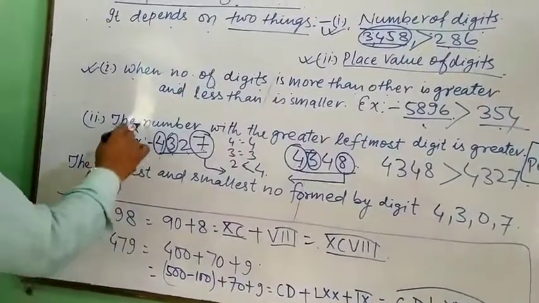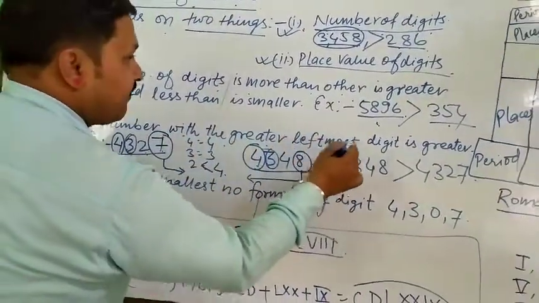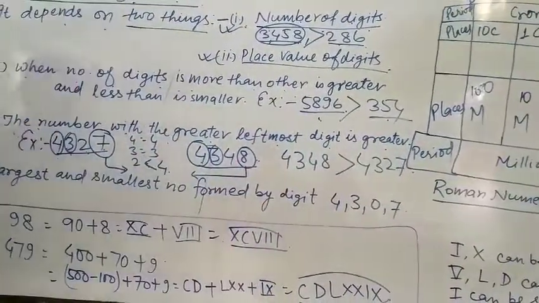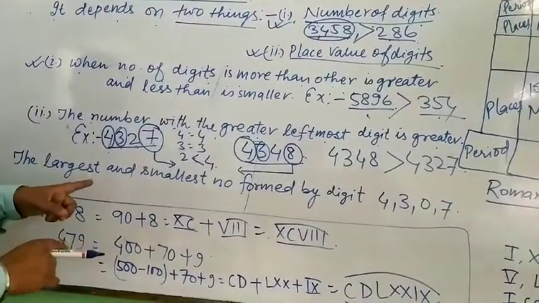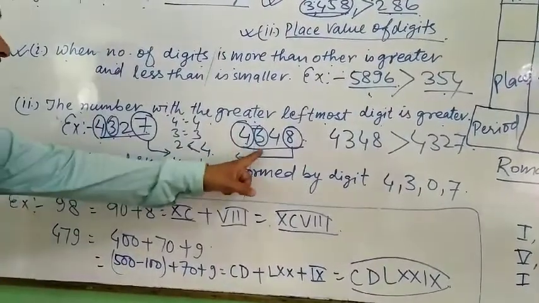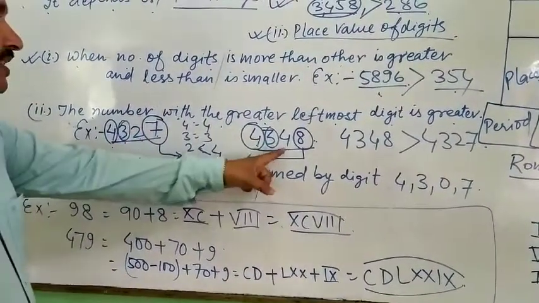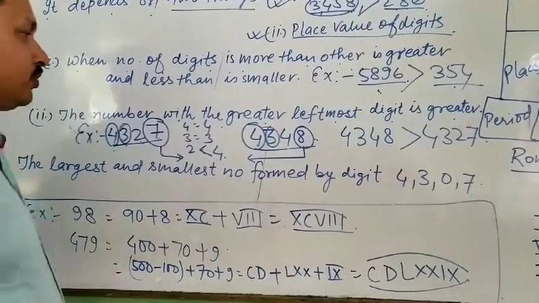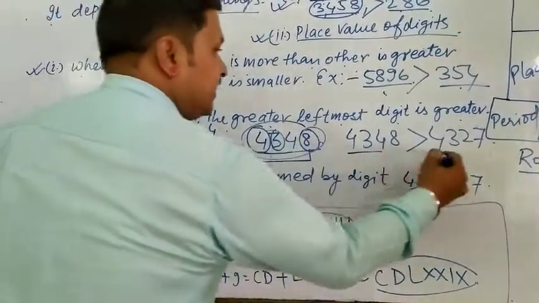In the second, the number with the greater leftmost digit is greater. As we know, from the left this equals this equals this, but this does not equal this. 4 is greater than 2, so this number is greater than this number.